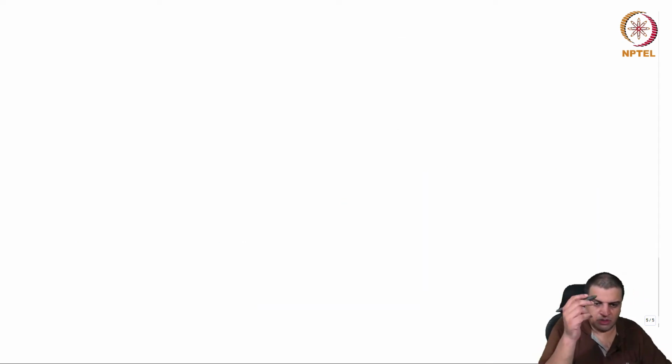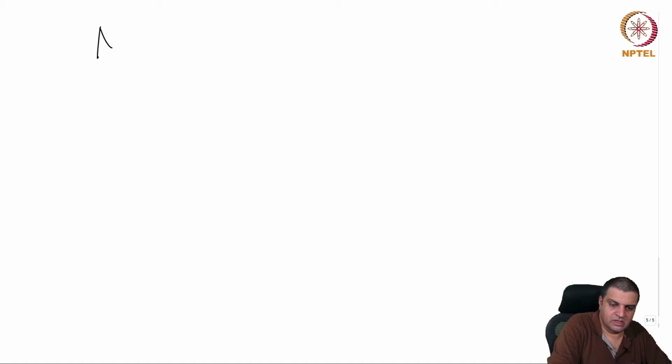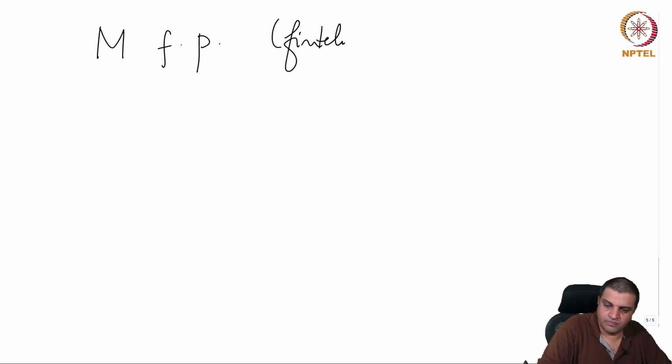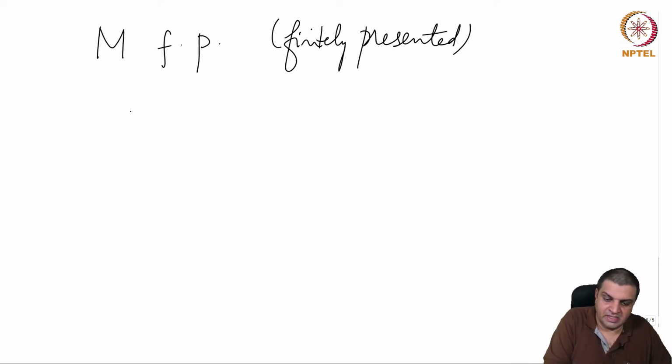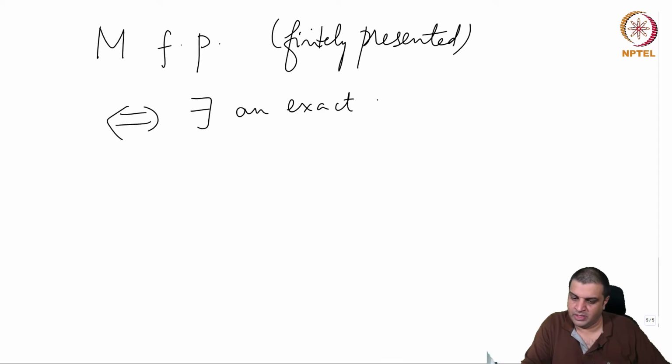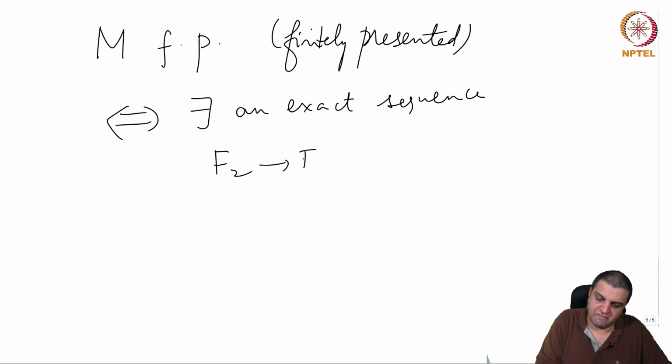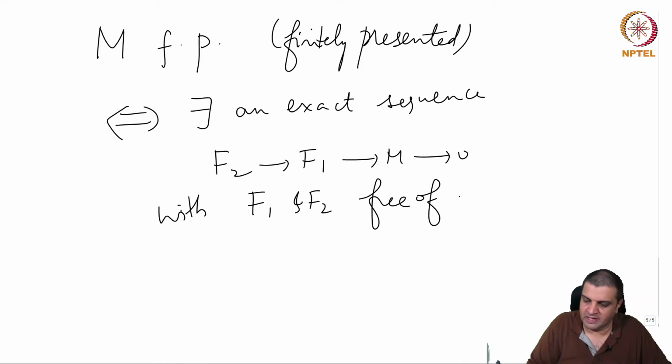So if you remember what we did with finite presentation, M is finitely presented means that there exists an exact sequence F2 to F1 to M to 0 with F1 and F2 free of finite rank.